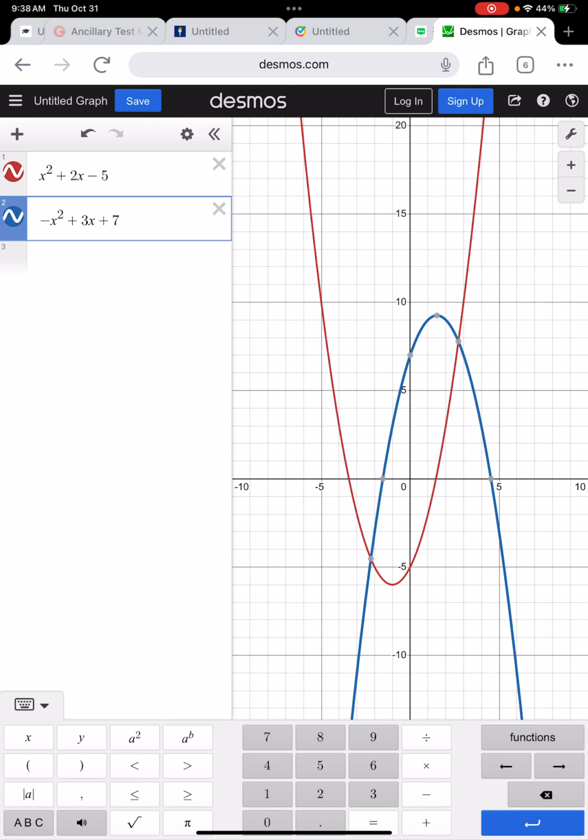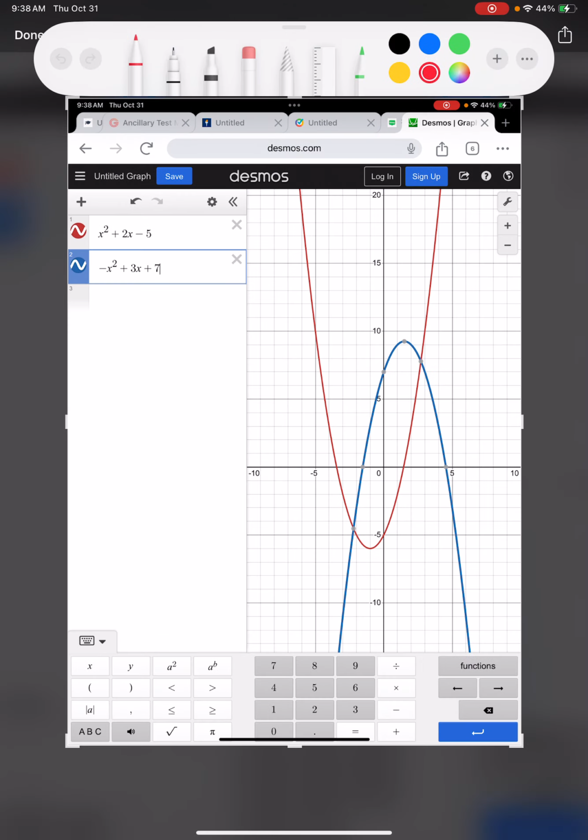So the first graph, the red one, when your a value is 1, your graph looks like a U shape, right? As we talked about. So your graph looks like this.